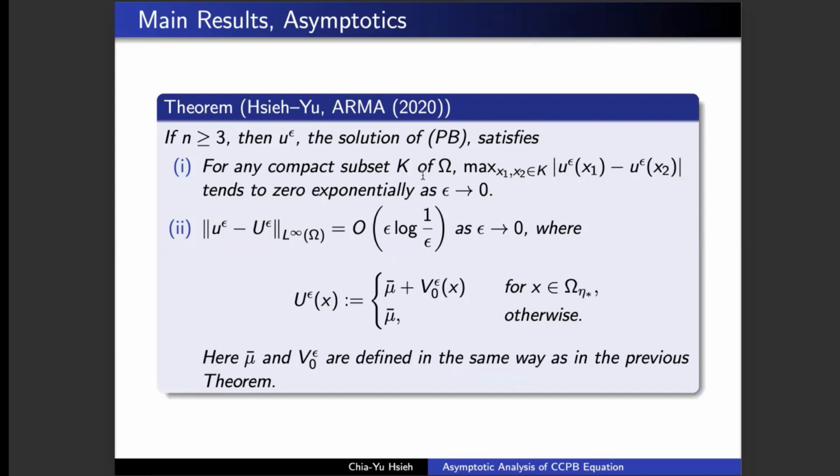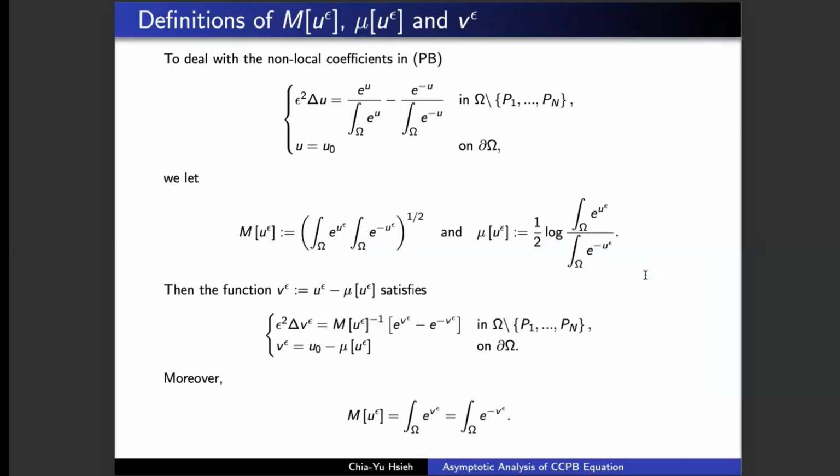And for the second result, the quantitative description, the function capital U can be defined by using only two regions, the interior and the boundary strip.